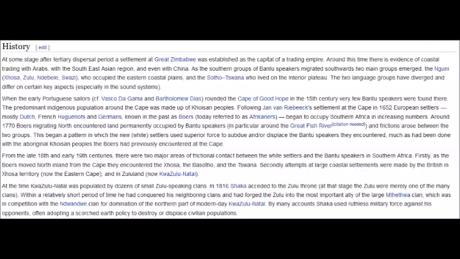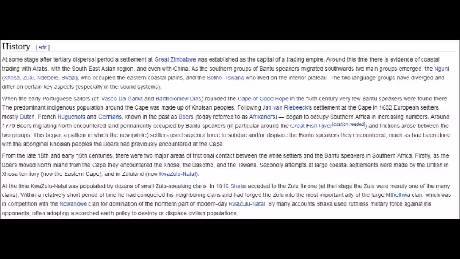All right, and moving right along to the history. It said at some stage after the dispersal period, a settlement at Great Zimbabwe was established as the capital of a trading empire. Around this time, there's evidence of coastal trading with Arabs, with the Southeast Asian region, and even with China.